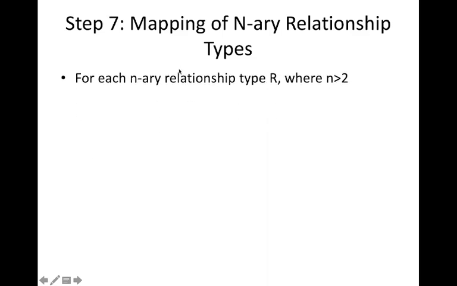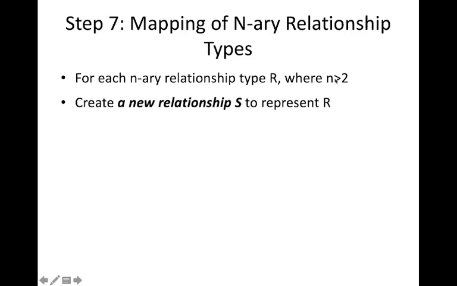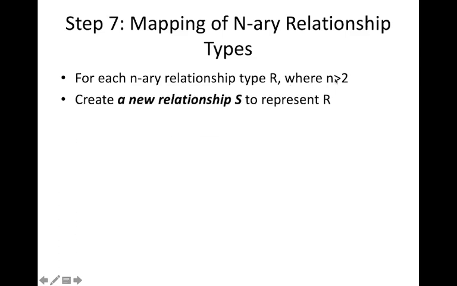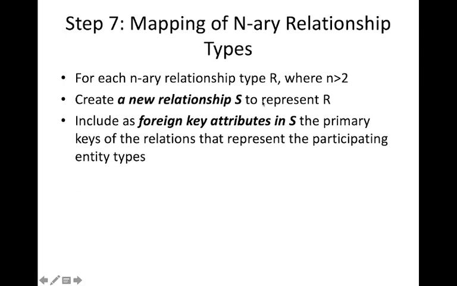If there is a ternary relationship, when you do your assignment there may be some ternary relation. If there is such an n-ary relationship type, where n is greater than 2, it may be ternary or more than 2, what we have to do is create a new relation S to represent this ternary or n-ary relationship.